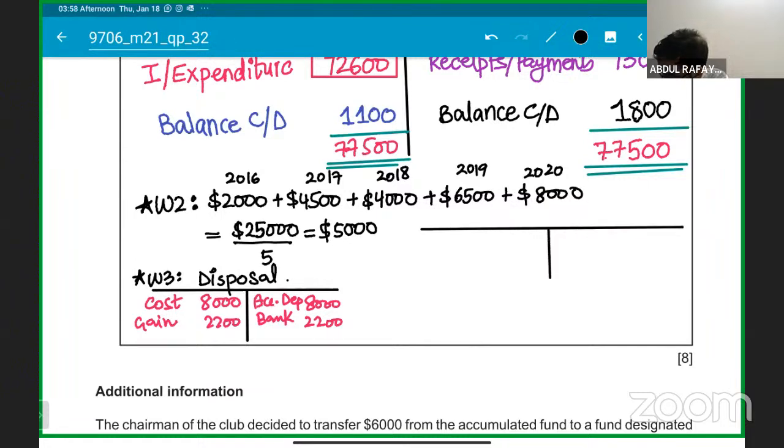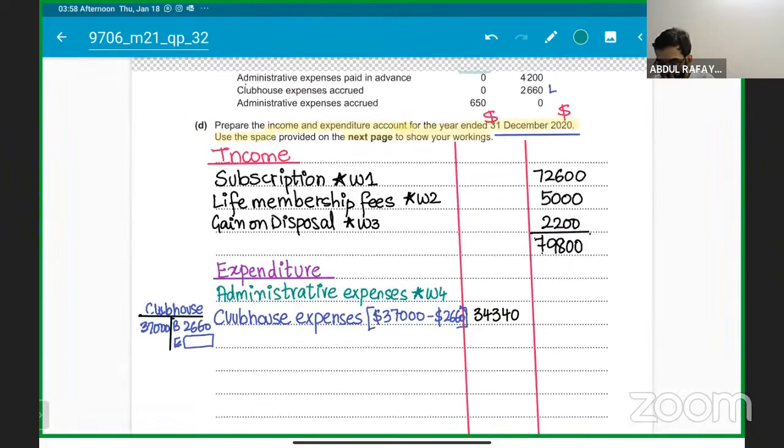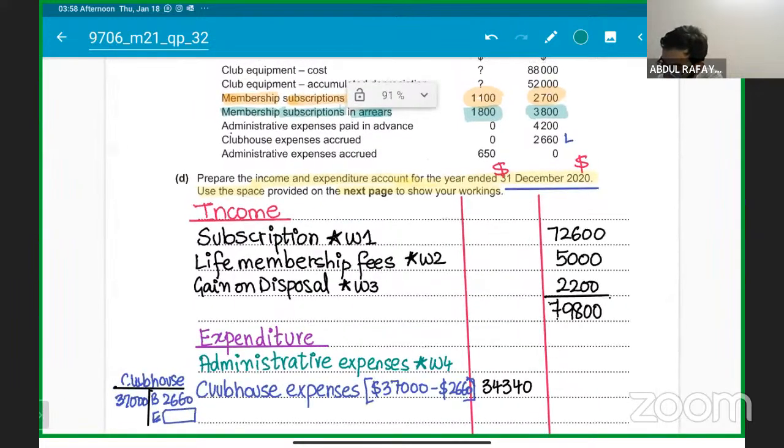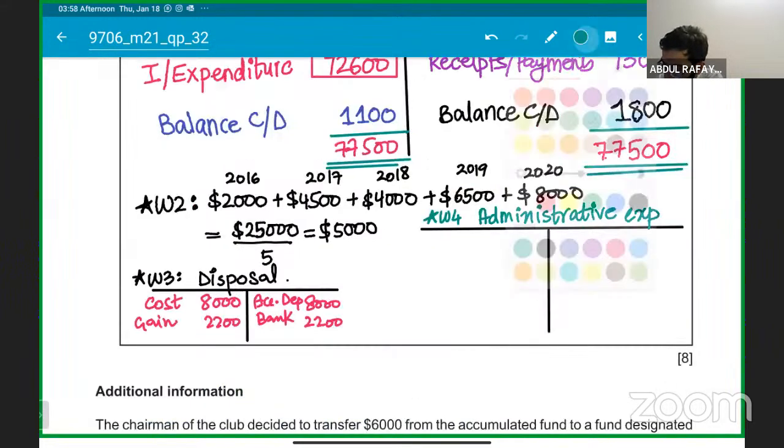Always remember you can do it with plus minus as well, but it is better to show the T account, as it will help you understand better. If you are practicing the first time or couple of times, do it like this. Once you become a pro, you can do it in the plus minus way as well. Okay, working number 4 is this one, administrative expenses. We can clearly see administrative expenses at the start of the year were in advance, were an asset.